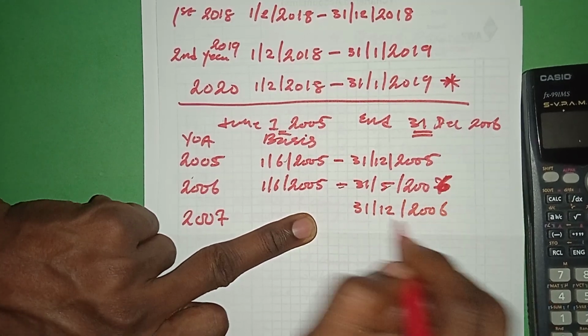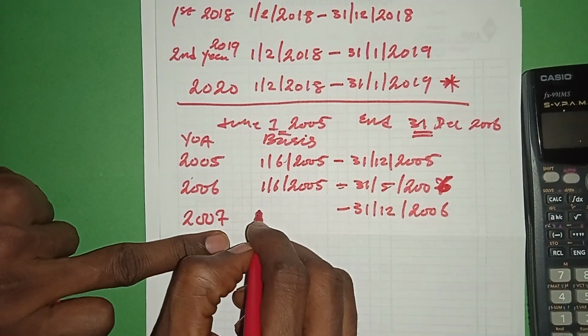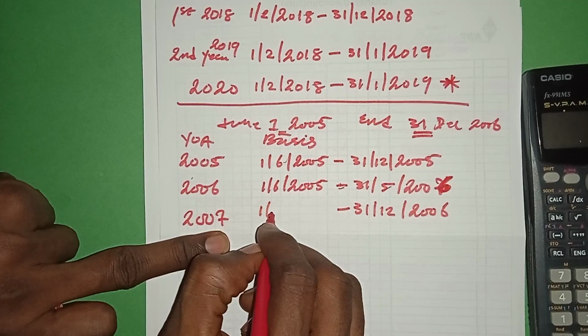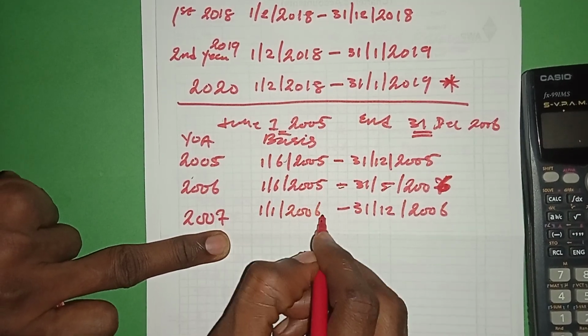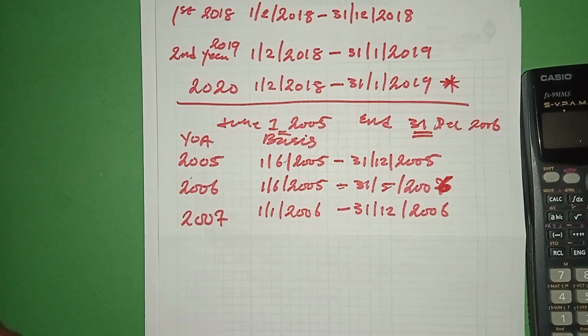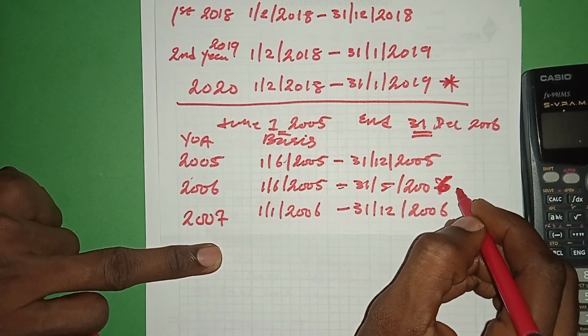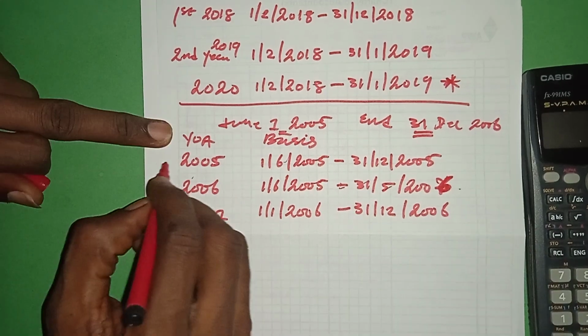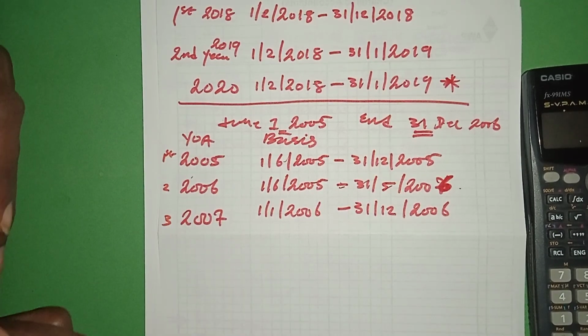If you count it back, it will give you 1st January 2006. Now, listen to this. This is where we determine if we are going to repeat this second year. This is your first year, second, this is your third.